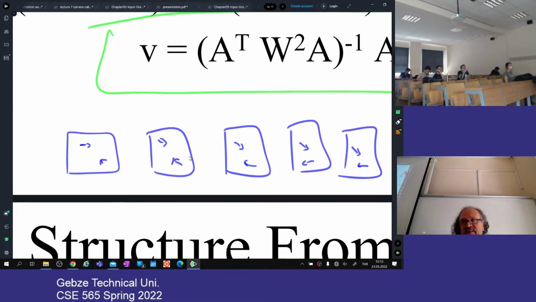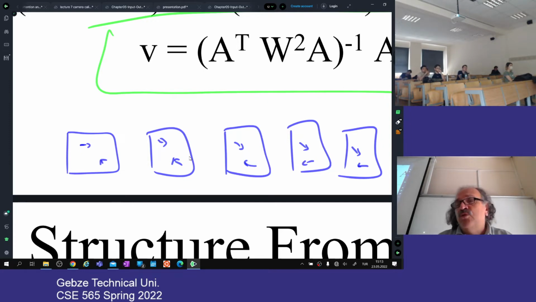The other thing is that the scene is moving too. Let's assume the scene is not moving, but the camera is moving. I am taking the video of this room by moving my camera around, and I solve this optic flow problem. I have all the V vectors.